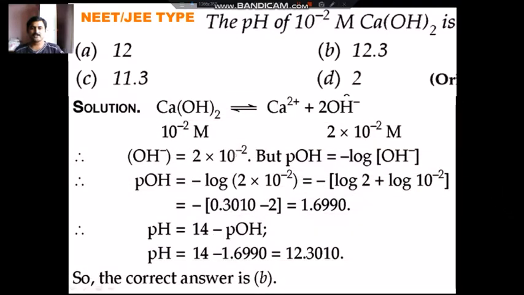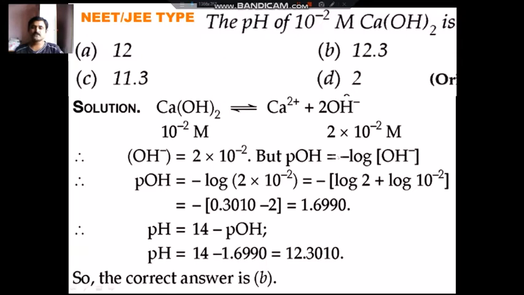Calcium hydroxide gives 2 OH minus ions upon dissociation, and the calcium hydroxide molarity given in the question is 10 power minus 2 molar, and there are 2 OH minus ions coming, so 2 into this molarity will be the total concentration of OH minus ions.